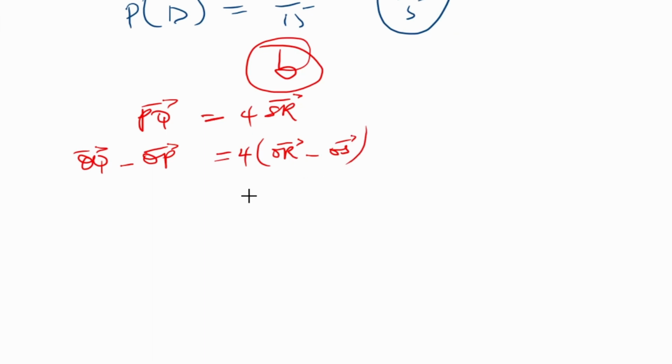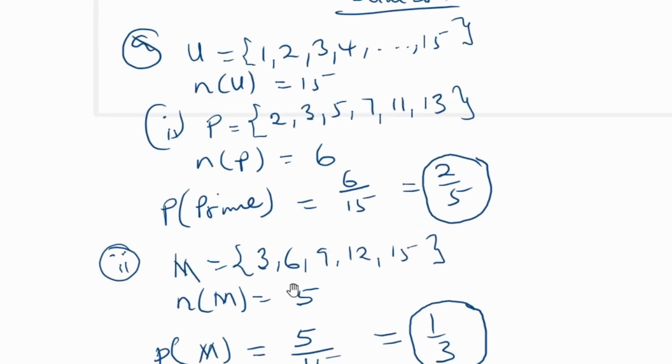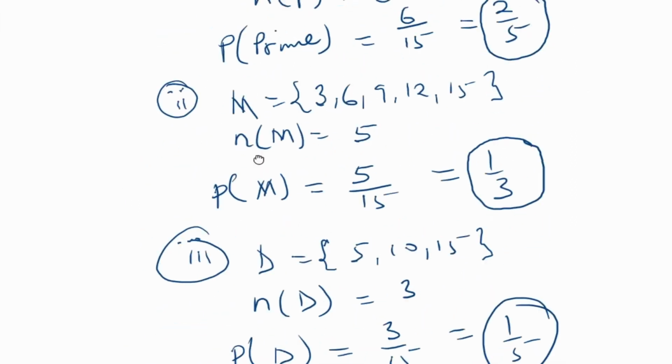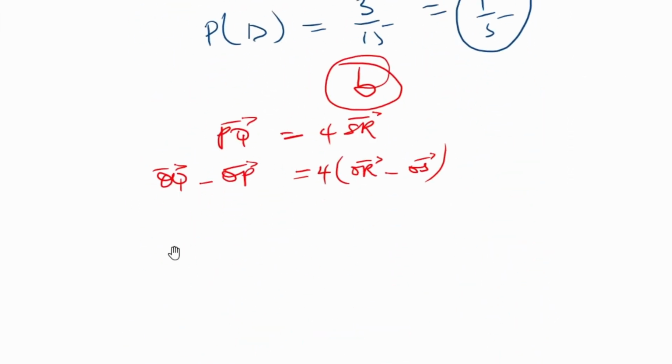Now let's substitute the coordinates into it. We are looking for the coordinate of Q, so we don't know Q. We'll keep that and make it the subject. We are going to have vector OQ minus vector OP, which has the coordinate 4, 4. Remember, now it's not a point, it's a vector, so let's write it in column form.